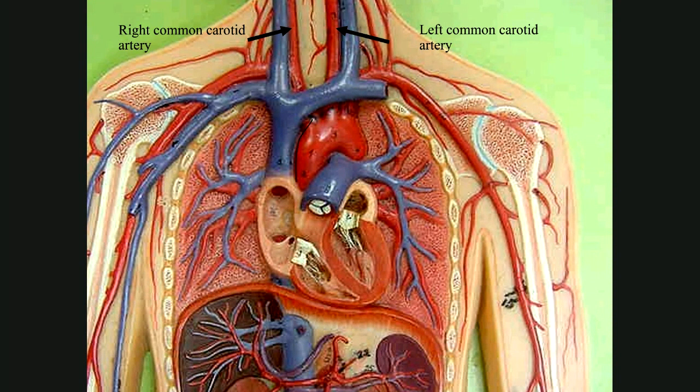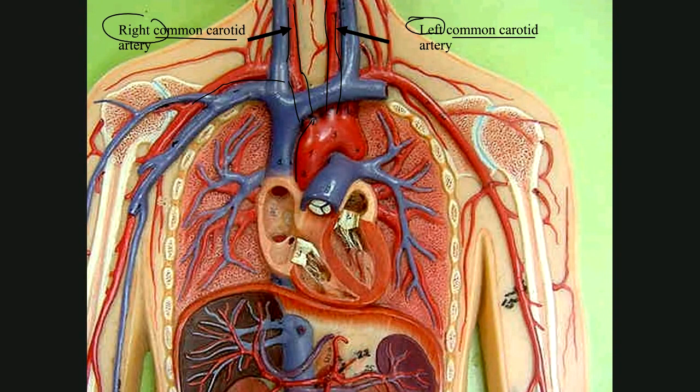There's our brachiocephalic right there. The brachiocephalic splits. One part goes up to the head. Well, on this side, there is no brachiocephalic, so this thing right here goes up to the head. The vessels that go to the head are called the common carotids. And there's a left common carotid and a right common carotid.